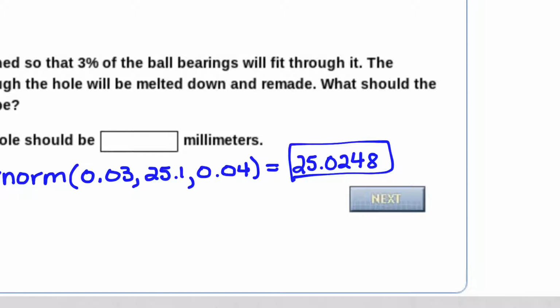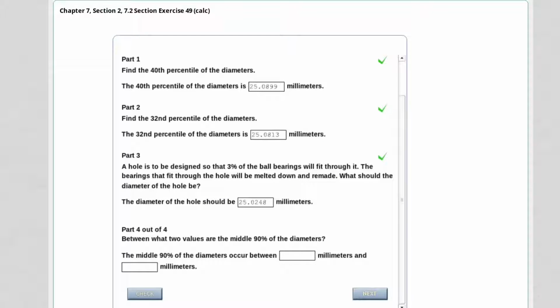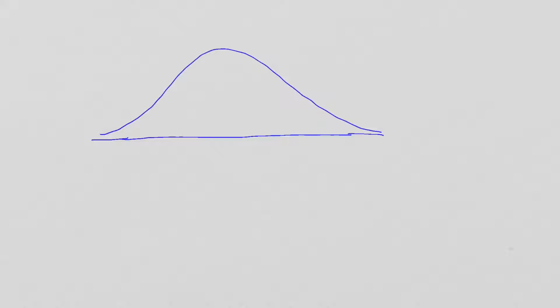And now let's take a look at part 4, which is a little different from the first 3 parts. Here we want to find between what 2 values are the middle 90% of the diameters. So in order to do this, I'm again going to look at my normal distribution. They asked us to find the values that are the boundaries for the middle 90% of values.